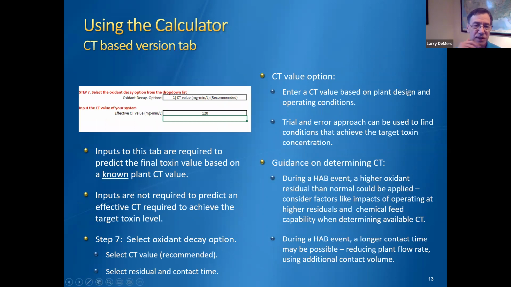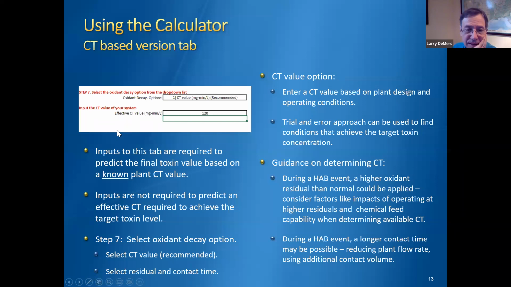So I mentioned that the most common tab that's used is the CT-based version. And the inputs to this tab are required to basically predict the final toxin value based on the known CT. So that was that second example, or that case that I presented earlier. So that's where you would enter that information.